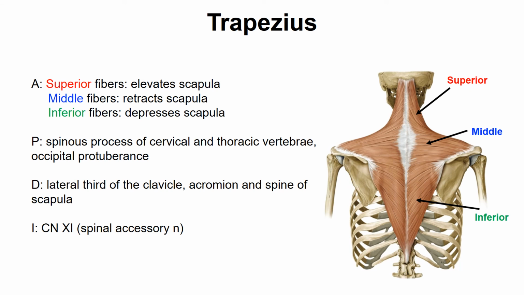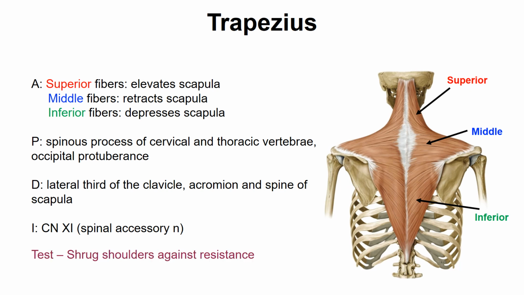All 3 of these are innervated by a cranial nerve, actually, called the spinal accessory nerve. So even though it's a quote-unquote back muscle, it does actually get its innervation from a cranial nerve. Spinal accessory nerve, cranial nerve 11.